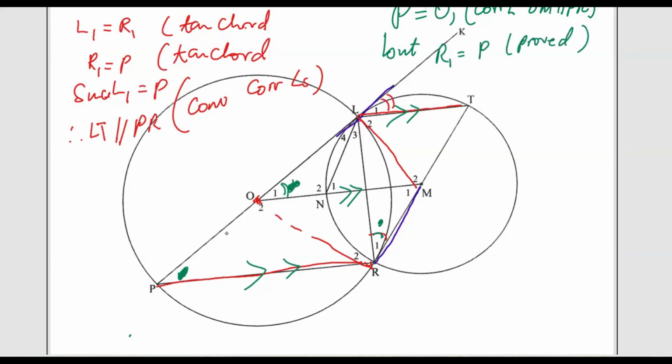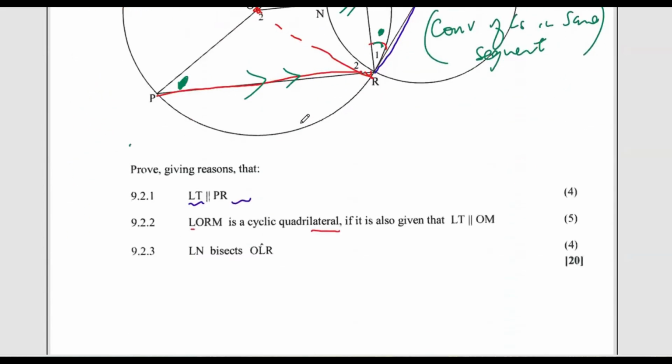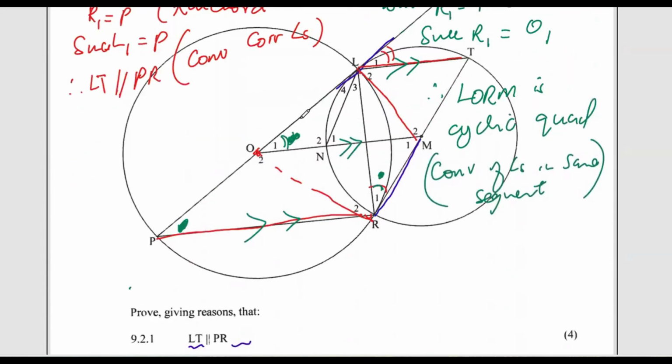And if that is true, it simply means that R1 is the same as O1, because we have this kind of a bow tie. Therefore, L, O, R, M is a cyclic quadrilateral. And the reason is the converse of angles in the same segment, or angles subtended by the same chord. So that is what we were supposed to do in that case.